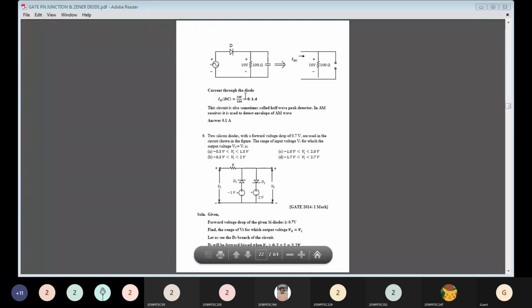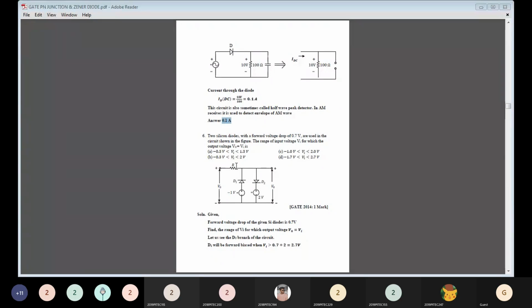So the current through the diode, ID of DC, is equal to 10 volt divided by 100, which is equal to 0.1 ampere. This circuit is also sometimes called a half wave peak detector. In AM receivers, it is used to detect the envelope of the AM wave. So the correct answer is 0.1 ampere.